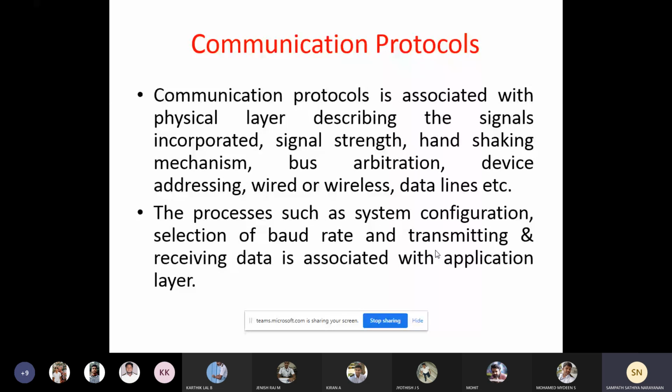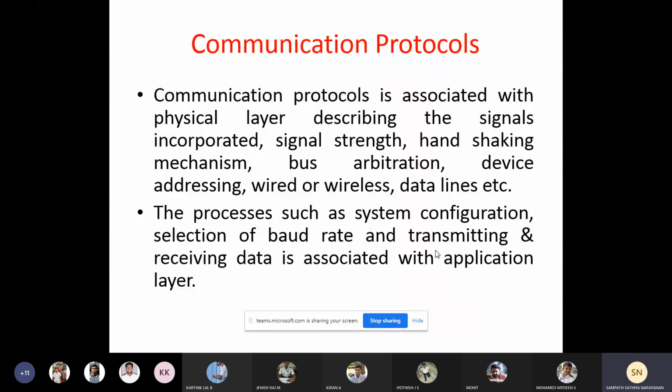And bus arbitration means the procedures to be followed if there is any conflict in the data transfer, if there is any problem, how it can be resolved. That is called bus arbitration. And then identifying the address of the device to which it is going to transmit is called device addressing.